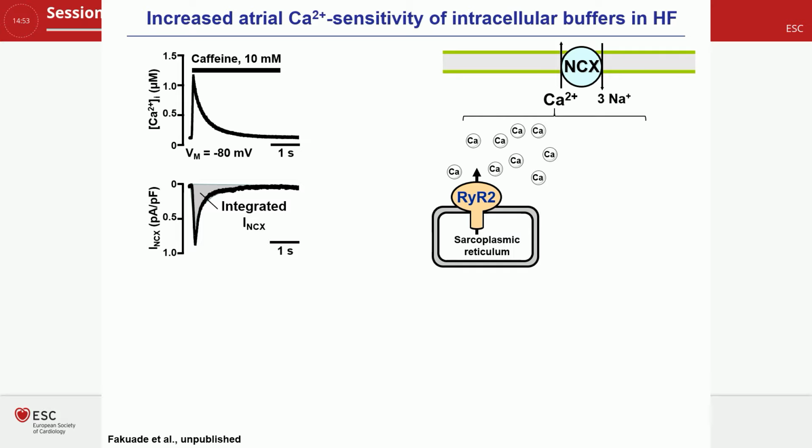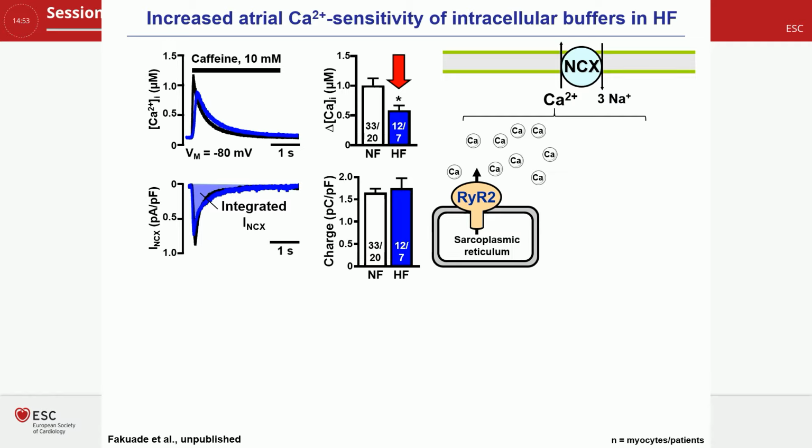We investigated both indices in heart failure and non-failing atrial myocytes, and what we found was a discrepancy. The amplitude of the caffeine transient was reduced, and the total calcium was unchanged.